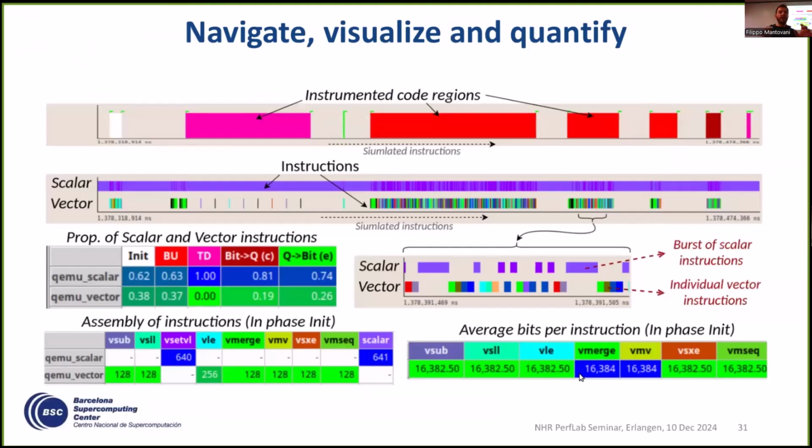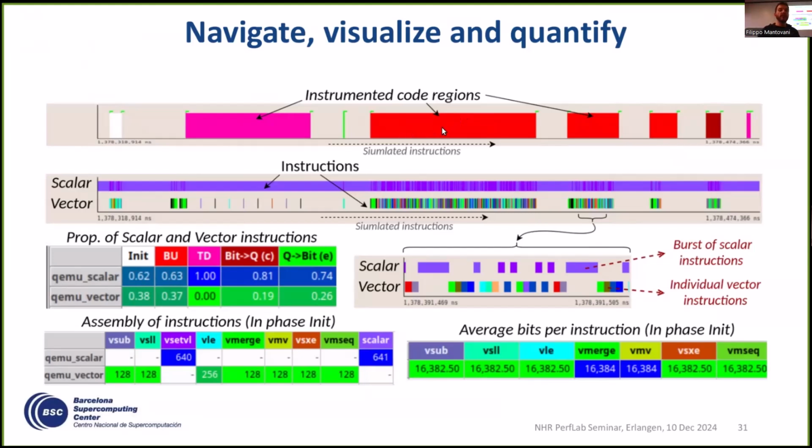And here I just put this slide with one view of all the things that you can visualize or understand about your code, right? First of all, you can instrument your code regions. And basically on the x-axis here, you have simulated instructions or time, basically. And you can see the code regions that you are interested in.